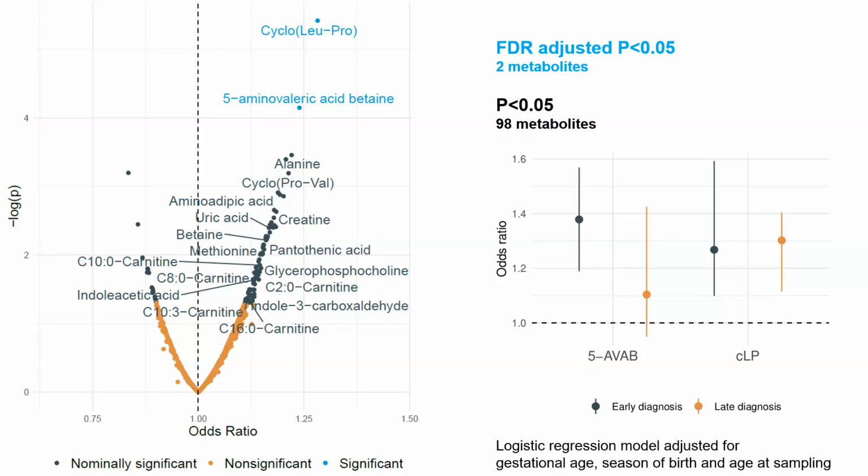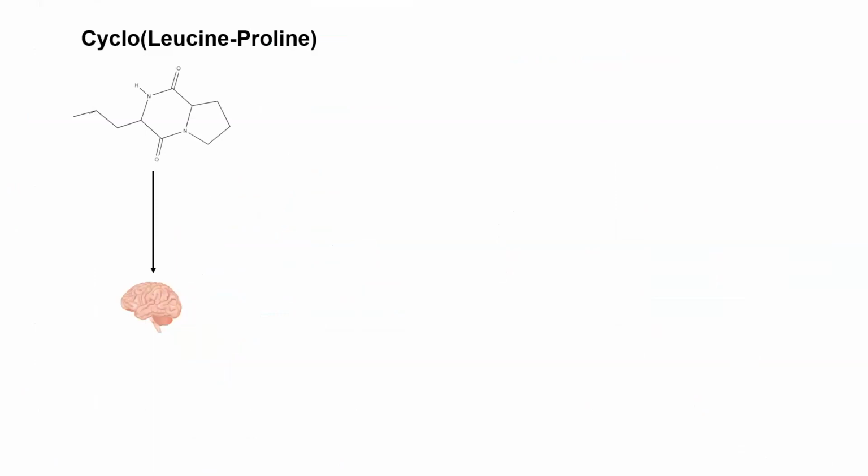All right, so of course you want to know a bit more what these metabolites actually are. Cyclo(leucine-proline) is, as you can tell from its name, a cyclic dipeptide. And it's interesting because these molecules are known to be able to cross the blood-brain barrier. So it makes sense in this context that they are known to be present in the brain.